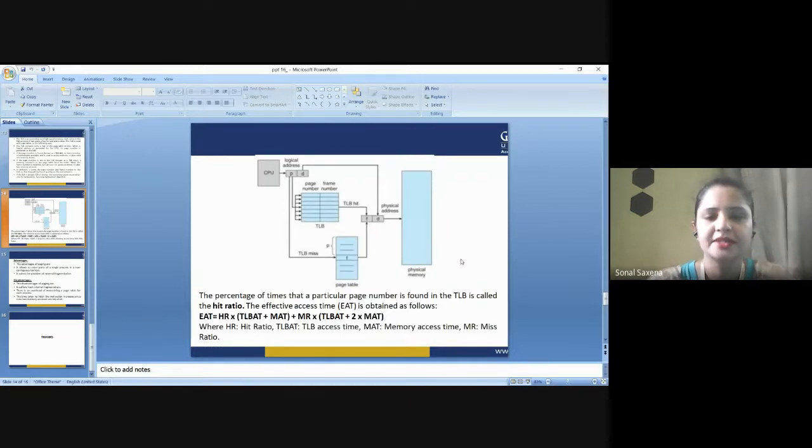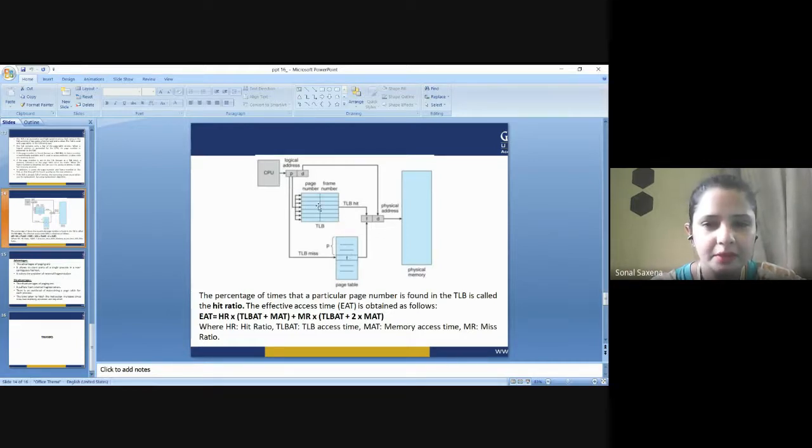Now here you can see an example. See this diagram. The CPU is generating a logical address. Now the page number is given here as we are making a TLB. So in the translation lookaside buffer, for every page there is a frame number, right?